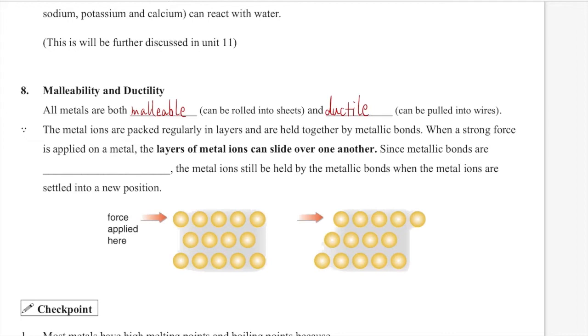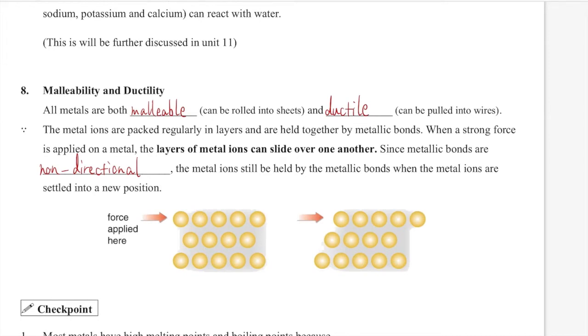So when a strong force is applied on a metal, the layers of metal ions can slide over one another. Because metallic bonds are non-directional, the metal ions are still held by the metallic bonds when they settle in a new position.